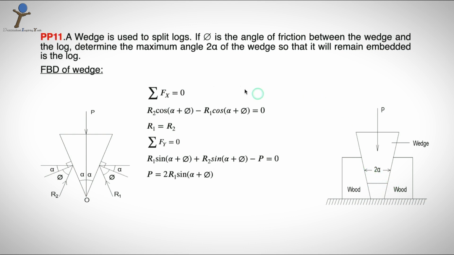So the question here is, determine the maximum angle 2 alpha of the wedge so that it will remain embedded in the log. This problem has to be solved in 2 stages.